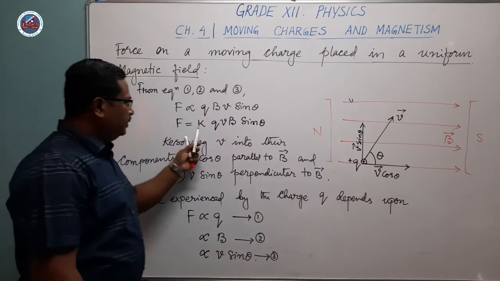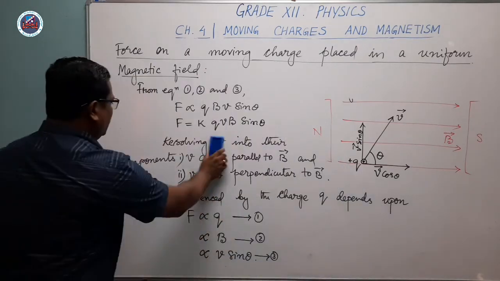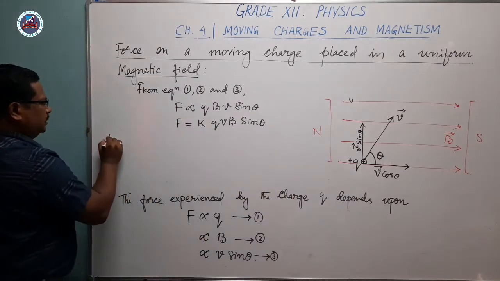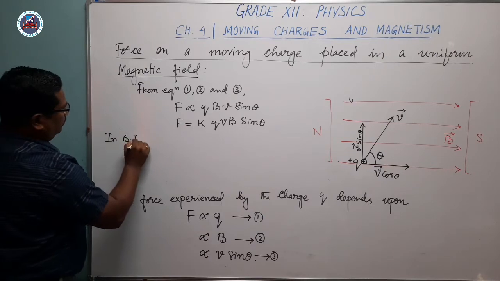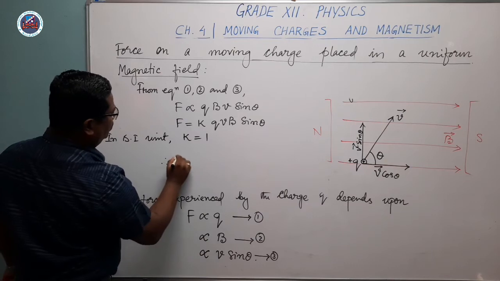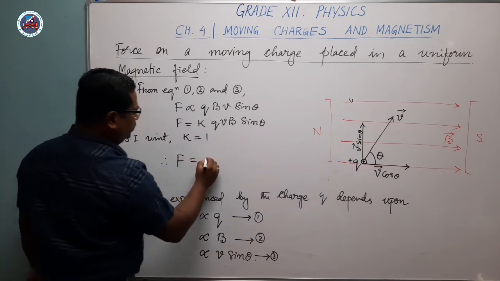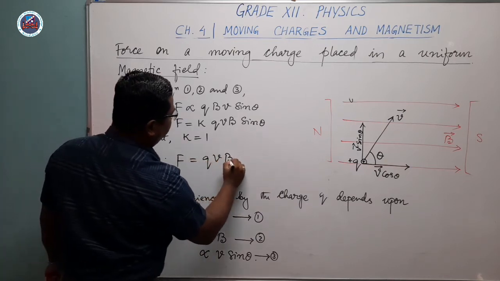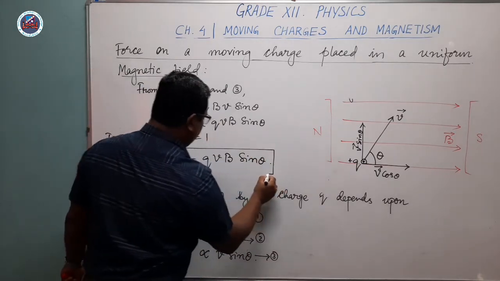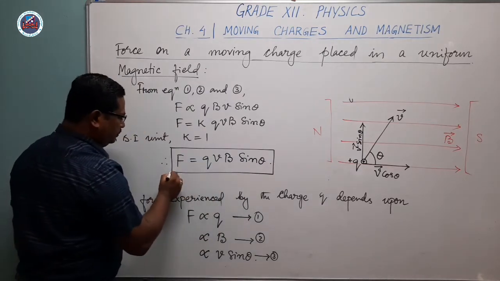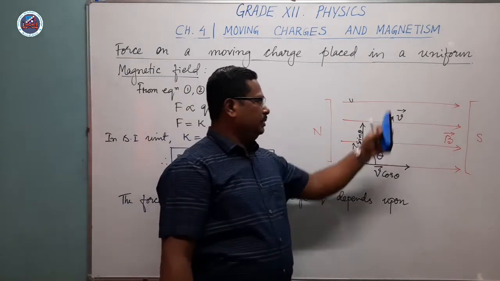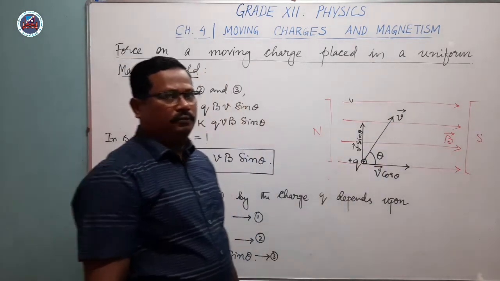Now in SI unit, the value of K was found out to be 1. In SI unit, K is equal to 1. Therefore, force F is equal to Q VB sin theta. This is the magnitude of force that will be experienced by a charged particle when it is moving with some velocity v in a uniform magnetic field.